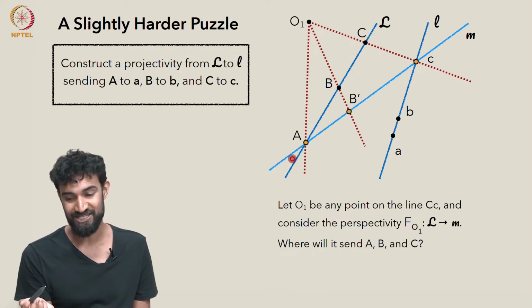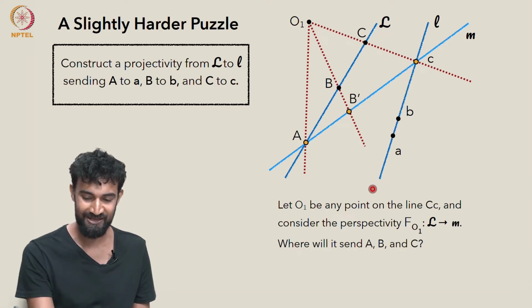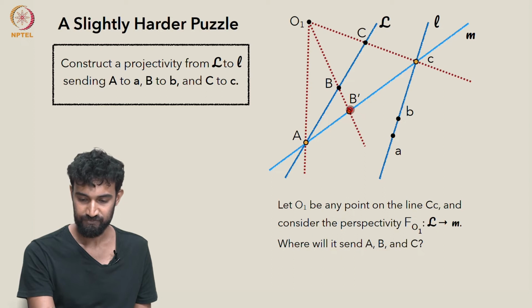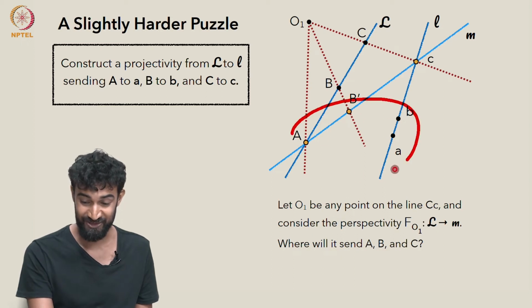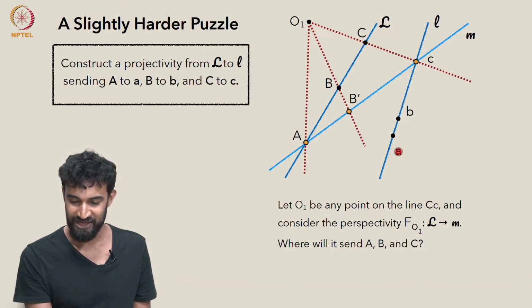But now we're in a nice situation because these 2 lines are coplanar, and we've basically done this before. We just need to get B prime to b and A to a. How do we do that?